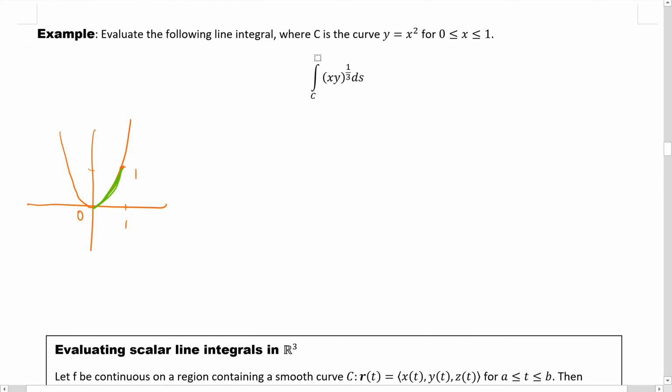Alright. So in order to compute the line integrals, we need to find a parameterization. And here we can use the natural parameterization. What is the natural parameterization?